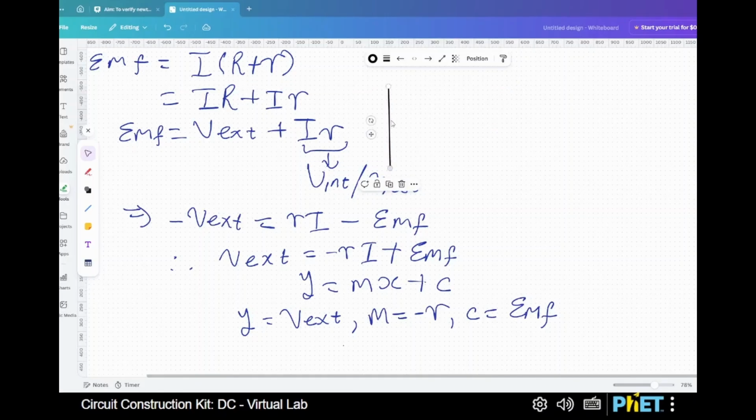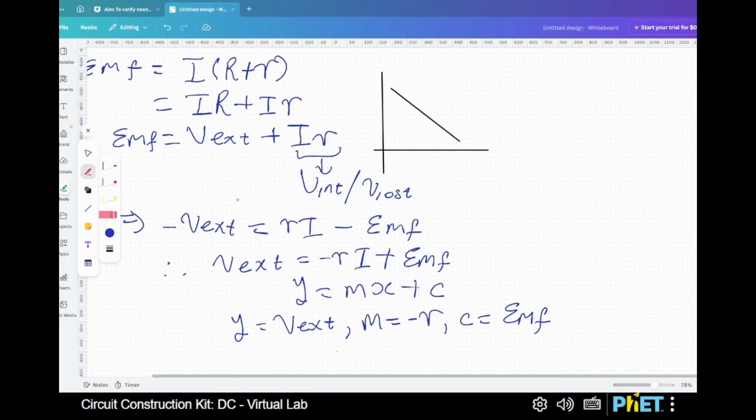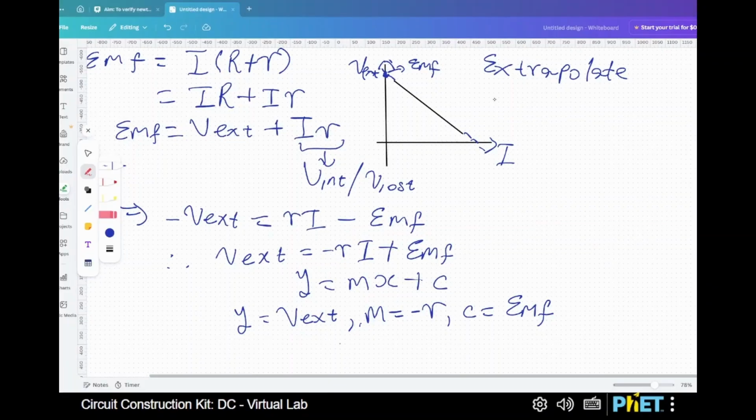And then let me show you what I mean by extrapolation. You will have your data points, and then as usual you will draw the line of best fit. That's V against I. When we extrapolate, if we have our graph there, then we will extend it until it cuts the y-axis, and where it cuts our y-axis, that is our EMF.